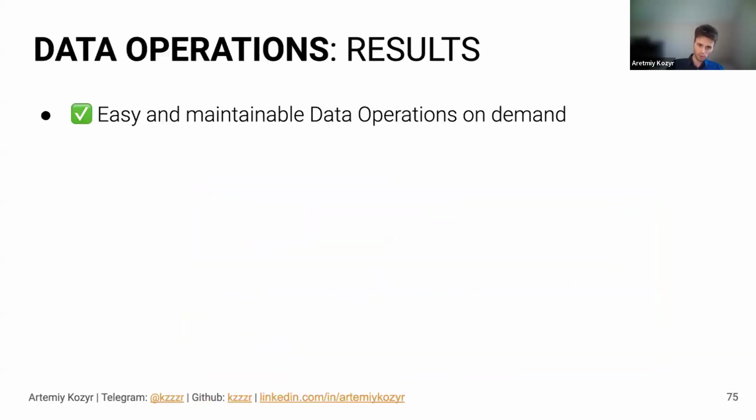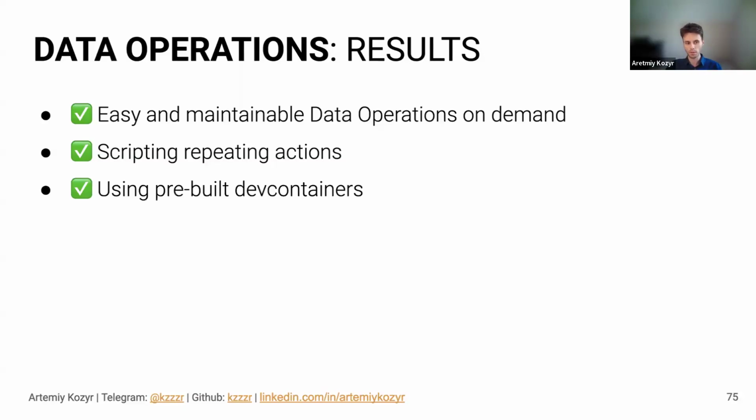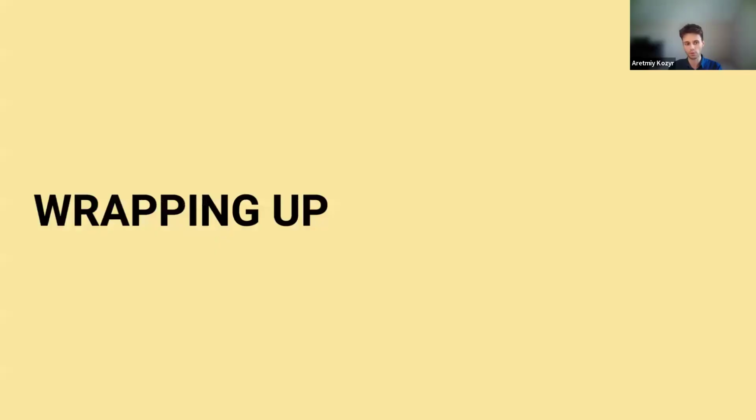So the result with the operations approach, it's easy and maintainable to run certain operations on demand. It's really prone to scripting, so it becomes fancy and easy to trigger this, especially when using dev containers with pre-built and pre-installed utilities like kcat, jq utility for parsing JSONs, and etc.